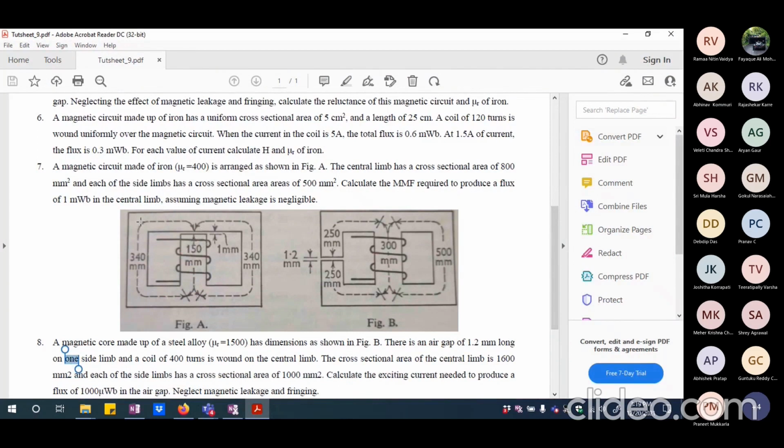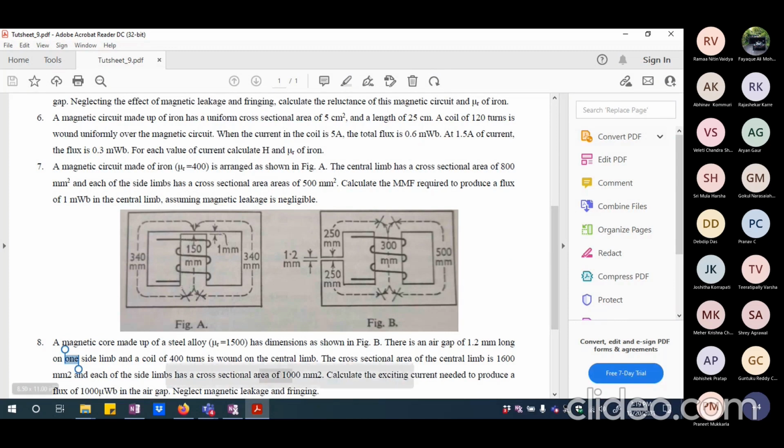And you are going to have this as 340 mm length, this complete magnetic part. This is another 340 mm length. And this is 150 mm length. And cross-sectional areas are given. The side ones are going to have 500 mm square, and the center one is having 800 mm square.